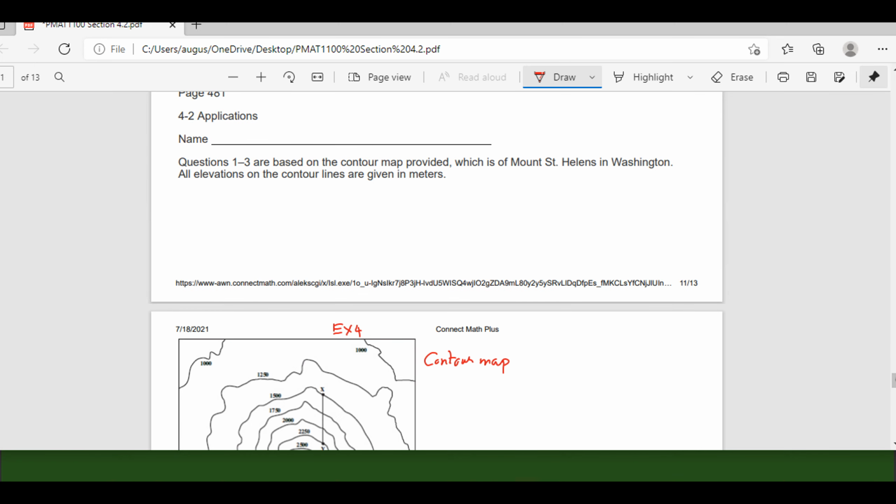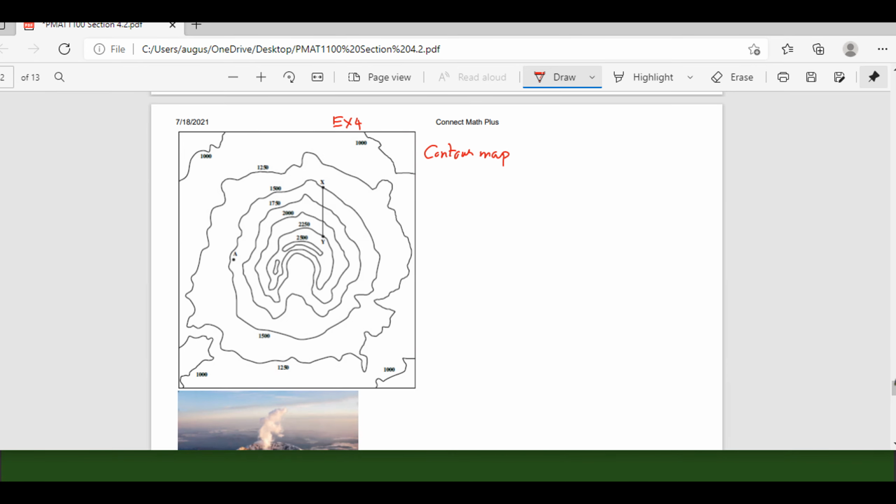It's a contour map which gives you the height of Mount St. Helens in Washington. Just imagine this contour map is like the top view of a mount.